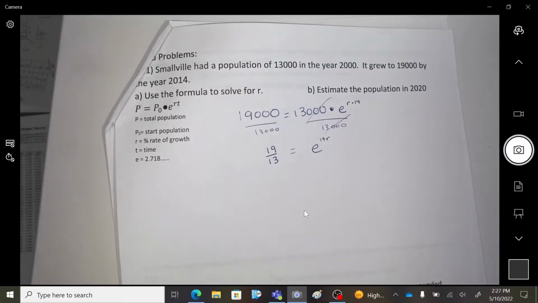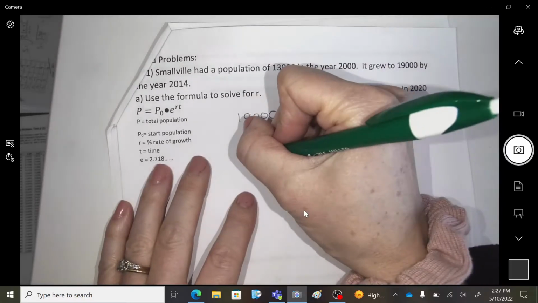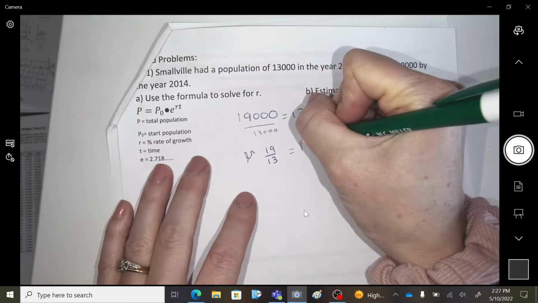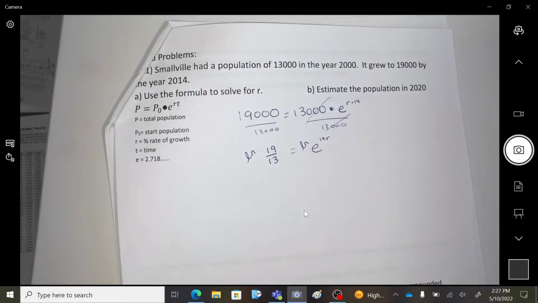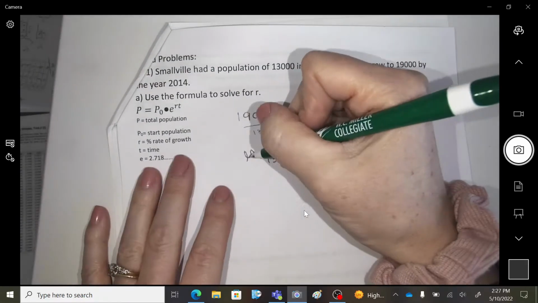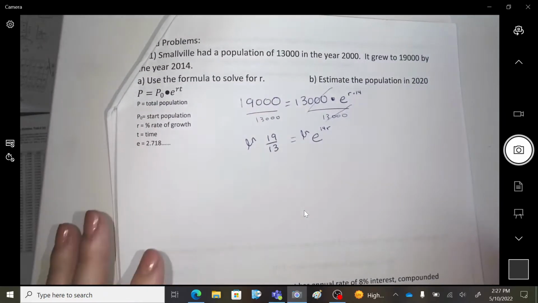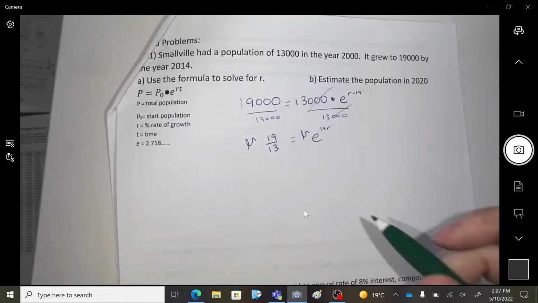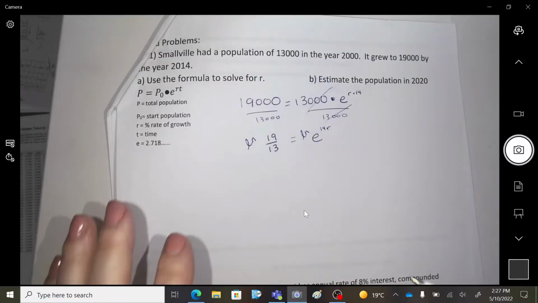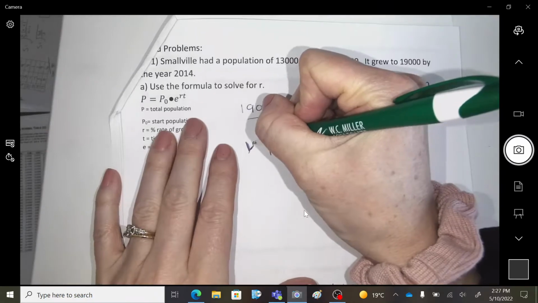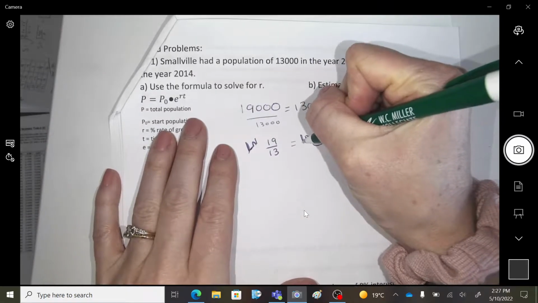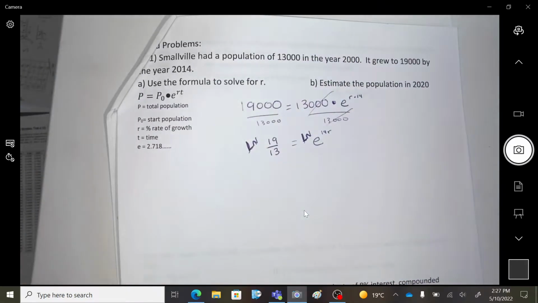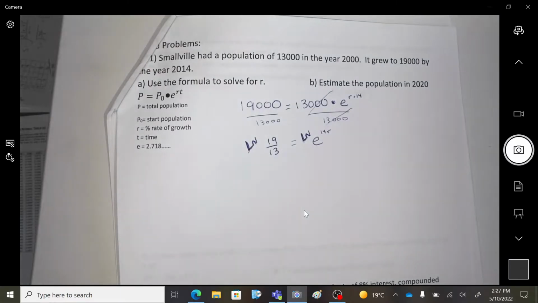Instead of logging, I'm going to natural log both sides. ln. I try to write it fancy because somebody thought it was an I the other day. I'm going to ln both sides.